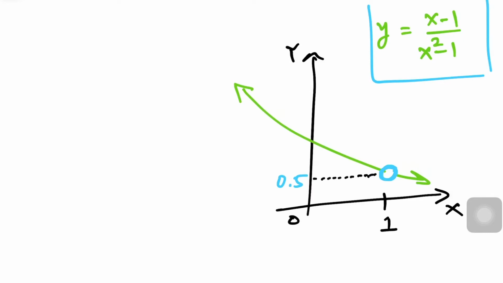All right, let's say I have y equal to x minus 1 divided by x square minus 1. And let's say for this function, I want to ask the same question, okay? Now, pay close attention. You have to listen really, really carefully because this part can confuse you. So I am going to talk about two different things, okay? So let's say f of x equal to x minus 1 divided by x square minus 1.